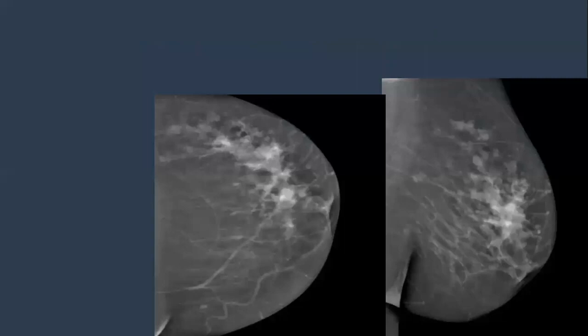This is an example. This is my neighbor. I remember the case. She had pain. A Sudanese lady. What about the distortion here?